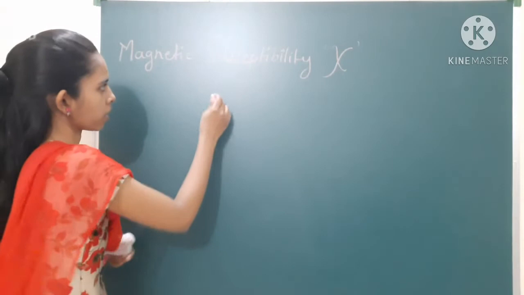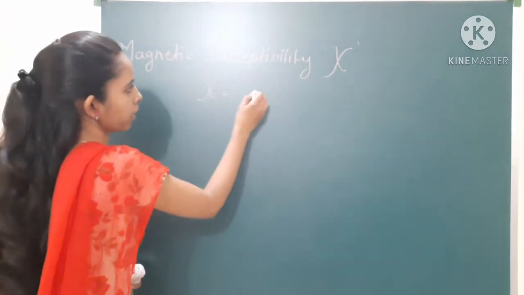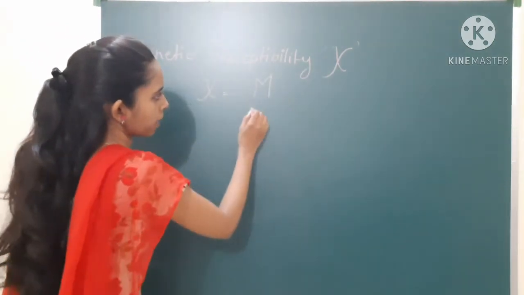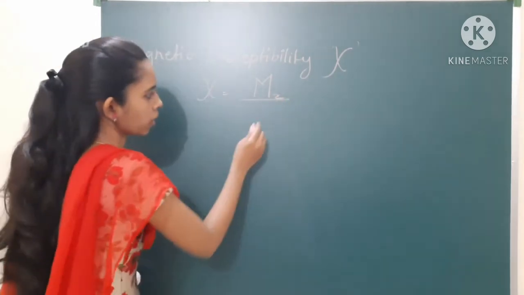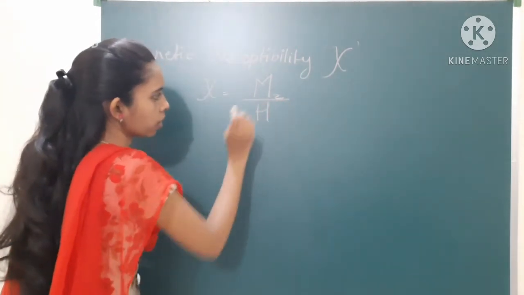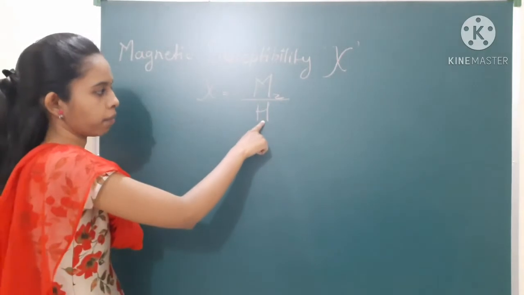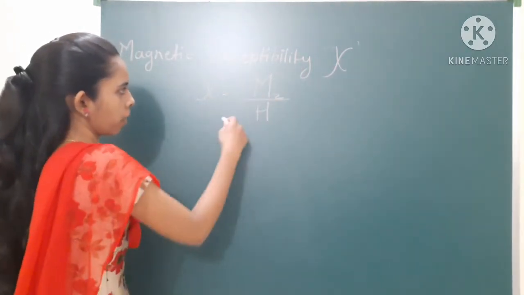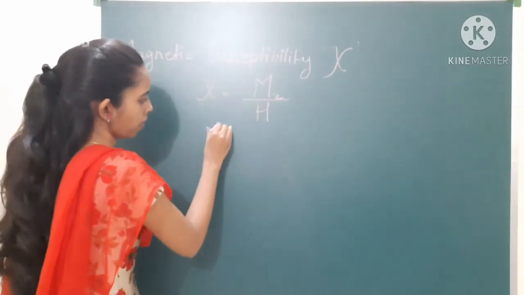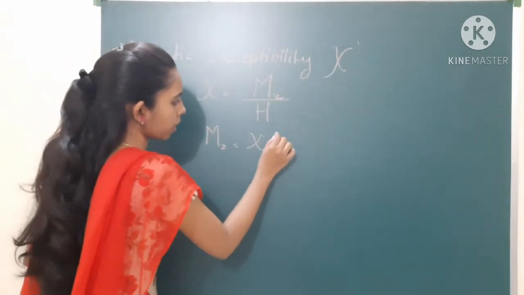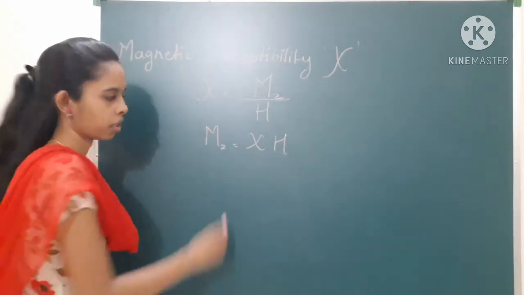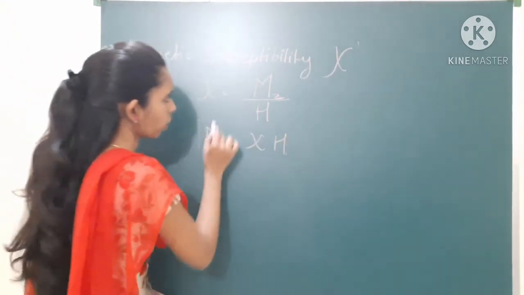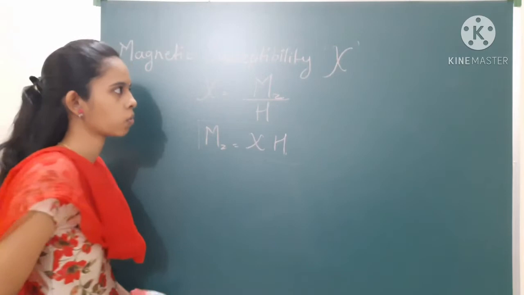Magnetic susceptibility is the ratio of magnetization to magnetic intensity. So this is the formula for magnetic susceptibility. From this we can write Mz is equal to Xi into H. Just remember this equation, also this equation. We are going to need this.